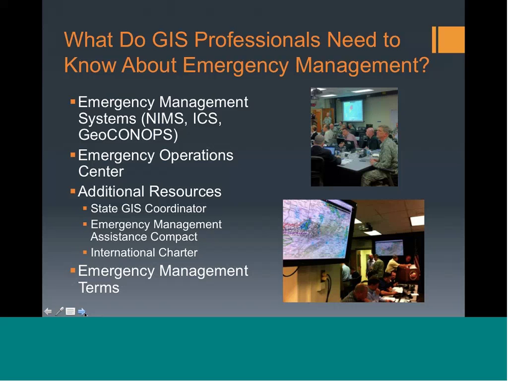We point out that their needs for additional resources may vary depending on the level of government they're working in. There are state GIS coordinators that NISJIC has out there that they can refer to for assistance. There's something called the Emergency Management Assistance Compact, the contract between states that allows states to request other resources at predetermined rates.